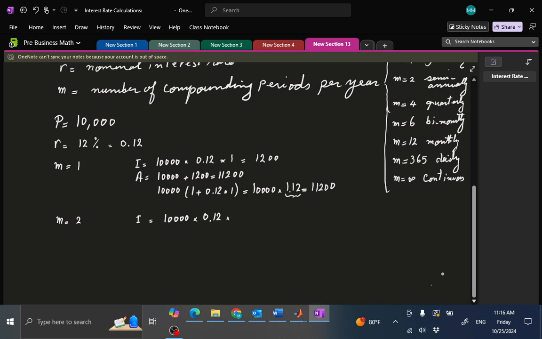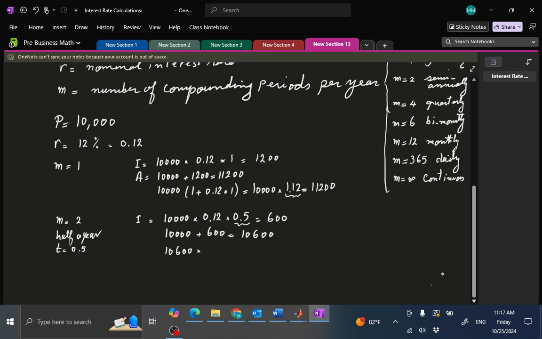Here I had 1 whole year, now I'm going to put it for half a year, that is 6 months. So my T is half. Well, it stands to reason that now you have $600 interest. Now your money grew by 600, so now you have 10,600. But you promised to leave the money in the account anyway, so you have 10,600.